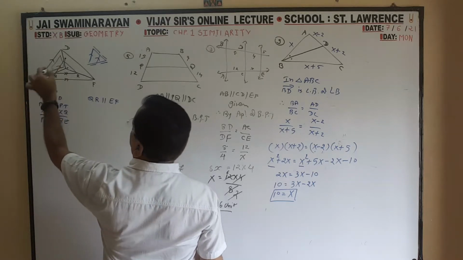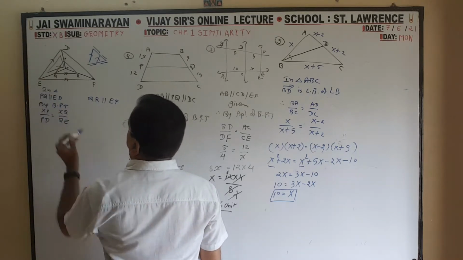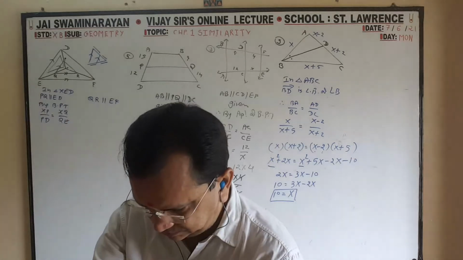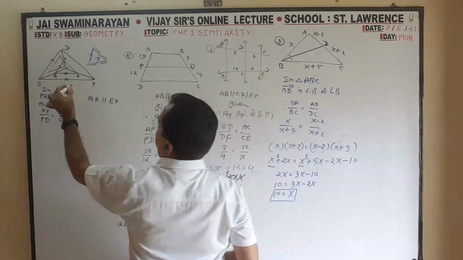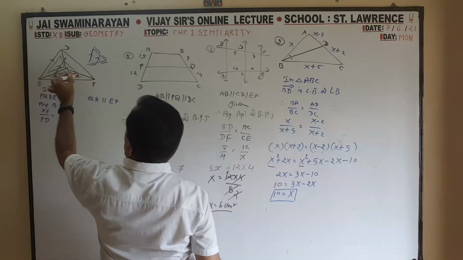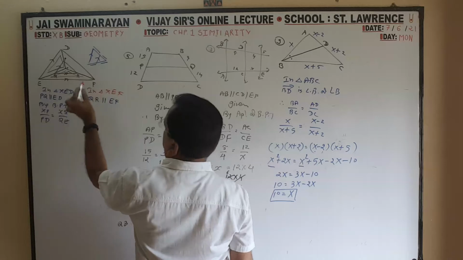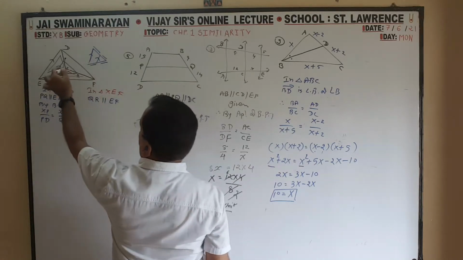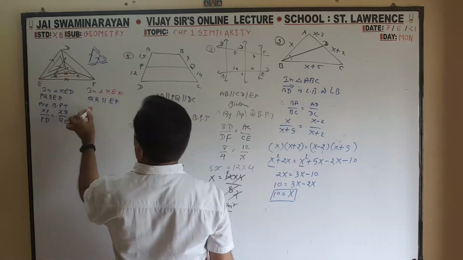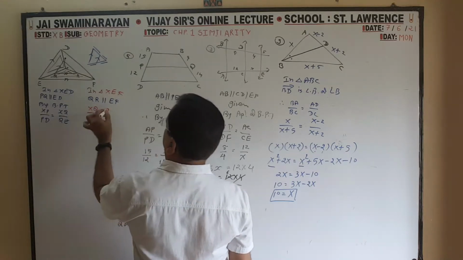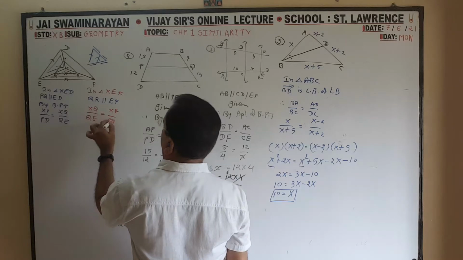In triangle XED. Now this triangle XEF parallel. So first by second XQ by QE, XR by RF.